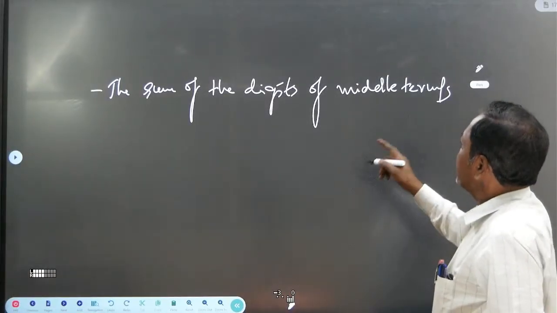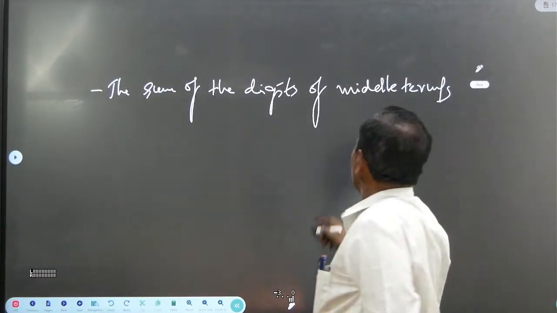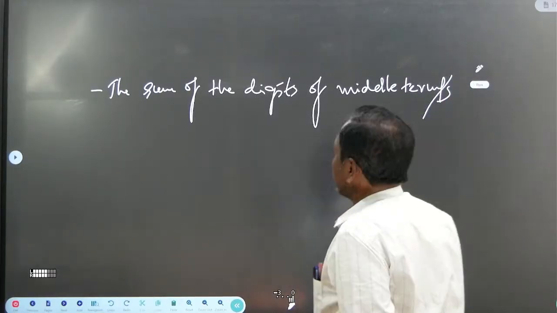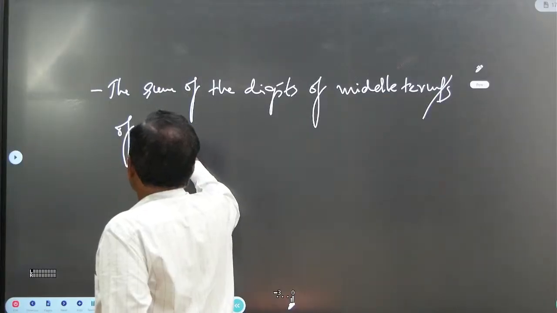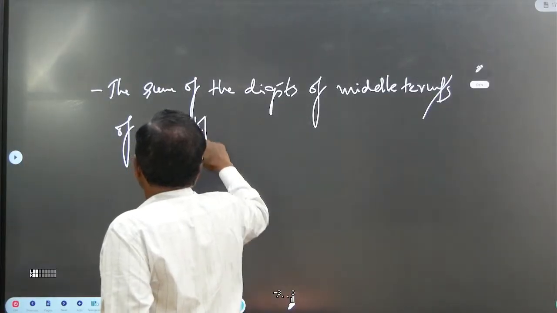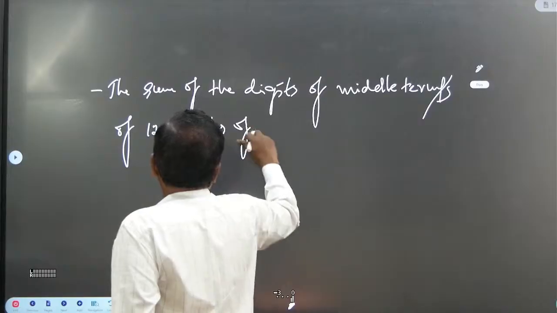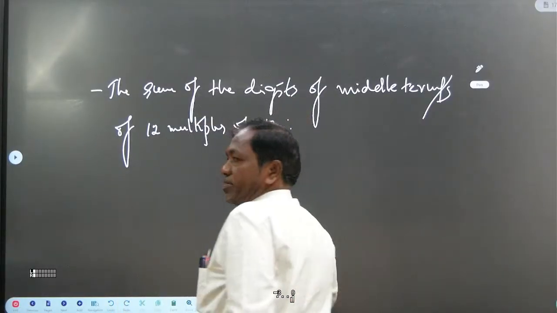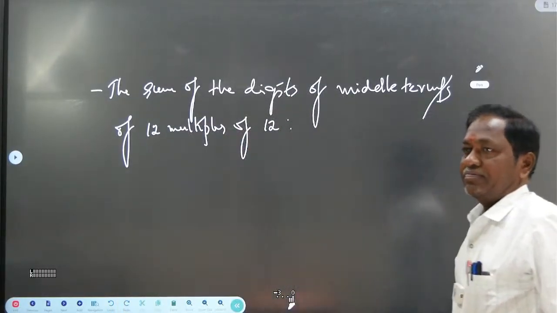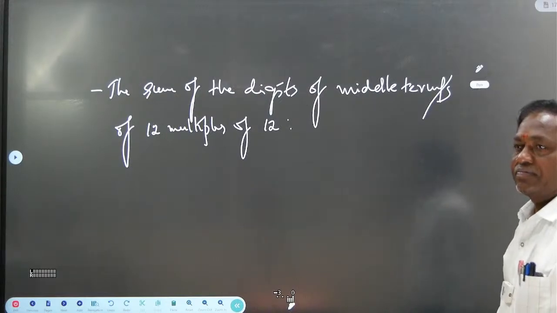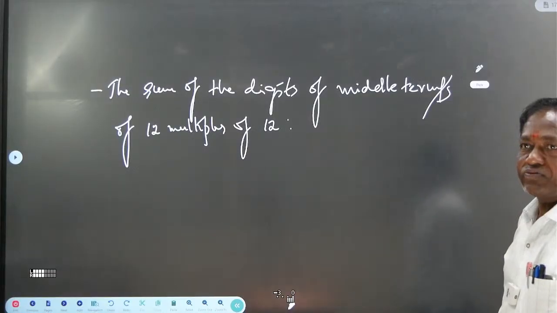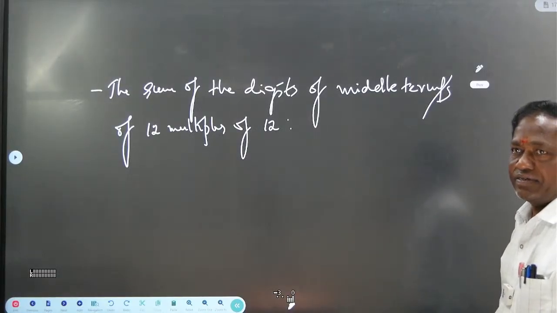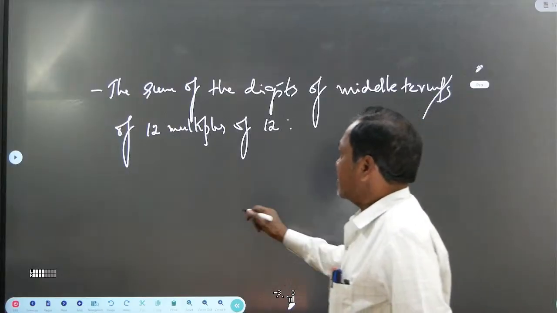The sum of the digits of the middle term or terms of 12 multiples of 12, right. Now 12 multiples of 12, just like that. 72. Yes, you can tell like that.